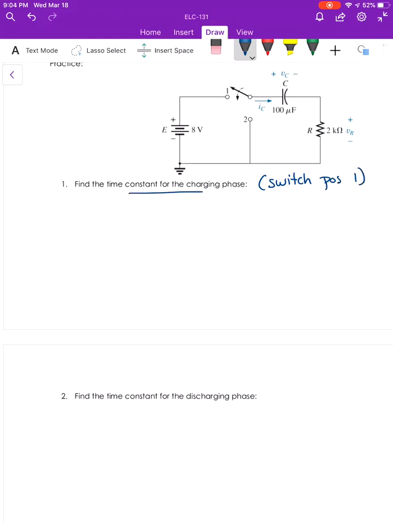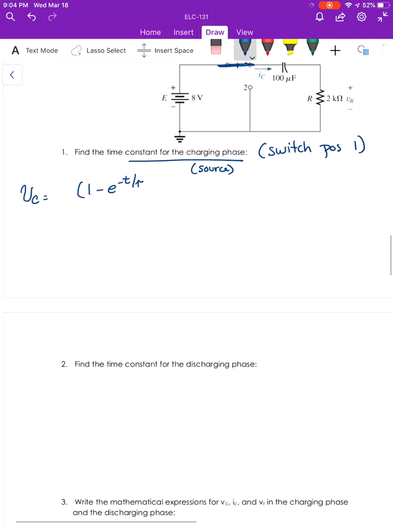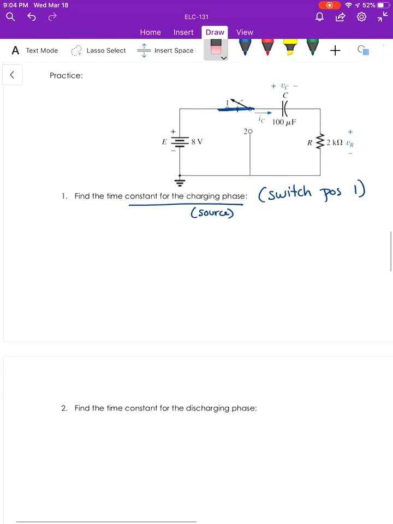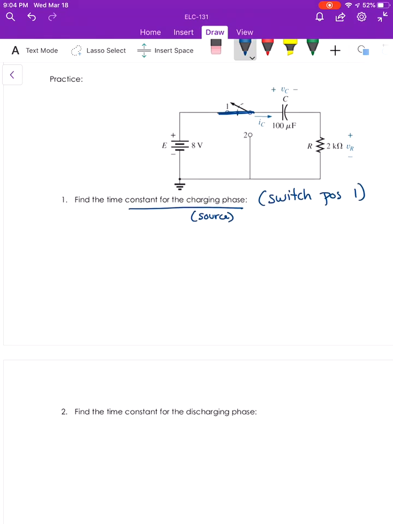Why? Because in the charging phase, we need a source in the circuit. Okay, so here, V sub C, the shape is going to be 1 minus e to the minus t over tau. Actually, it's not even what it's asking there. It's asking for the time constant. We'll do that first, and then we'll write the equations.